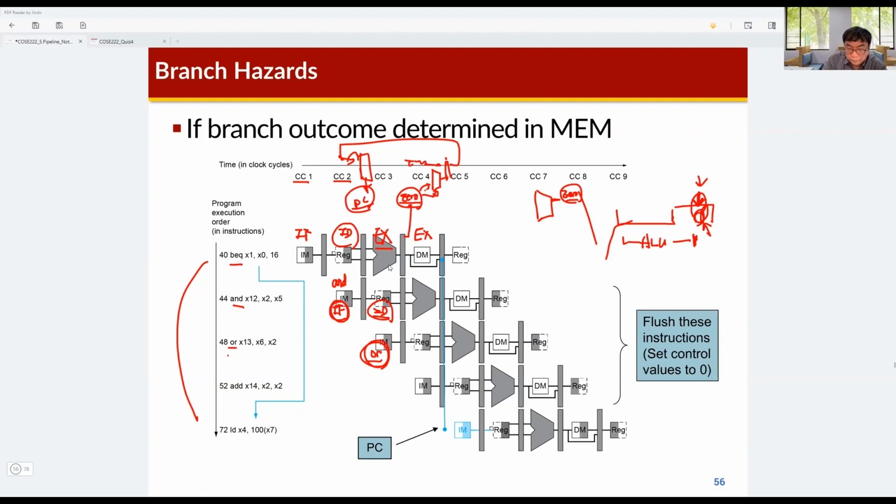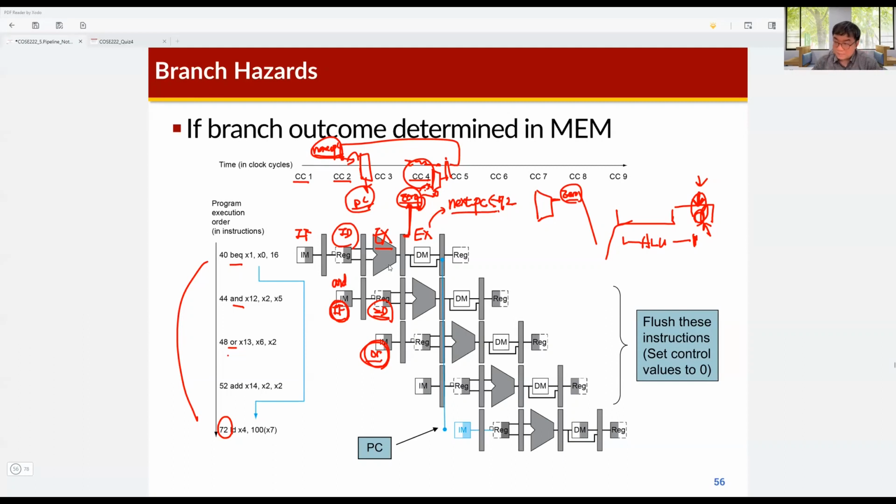At which timing? At clock cycle 4, this zero signal is delivered to some data path elements here, and then the next PC, so you need to focus on the next PC, becomes 72.